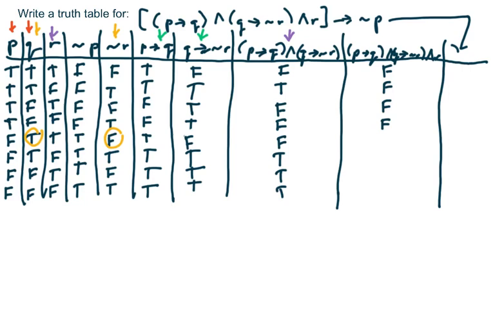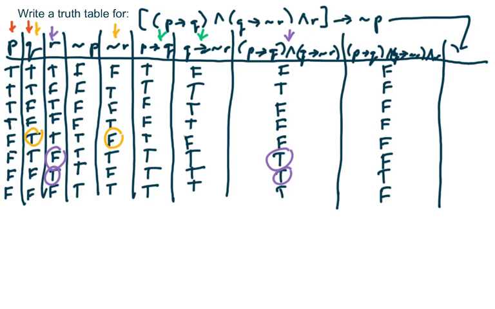A true and a false, well, that's still false. Lots of false here. Followed by a true and a true, finally. Wait, let me just make sure here. We have a false, a false, followed by a false and a true, that would still be false. Then we have a true and a true. That will result in a true. And finally a false and a true, that's false. So there's only one true in that whole column.